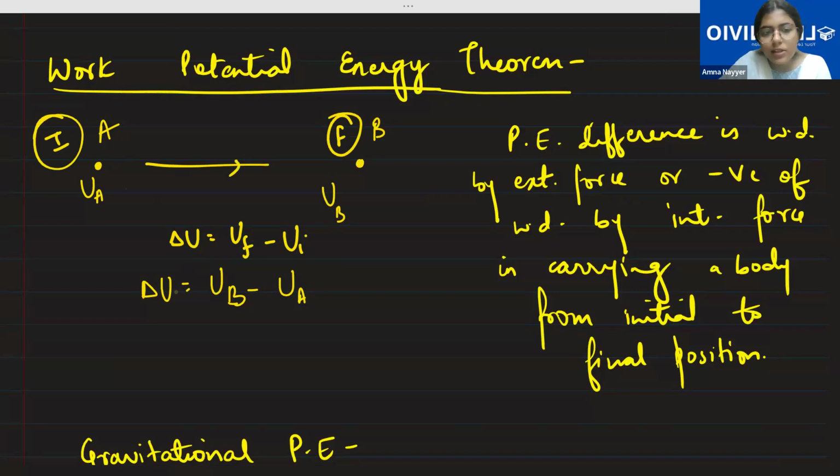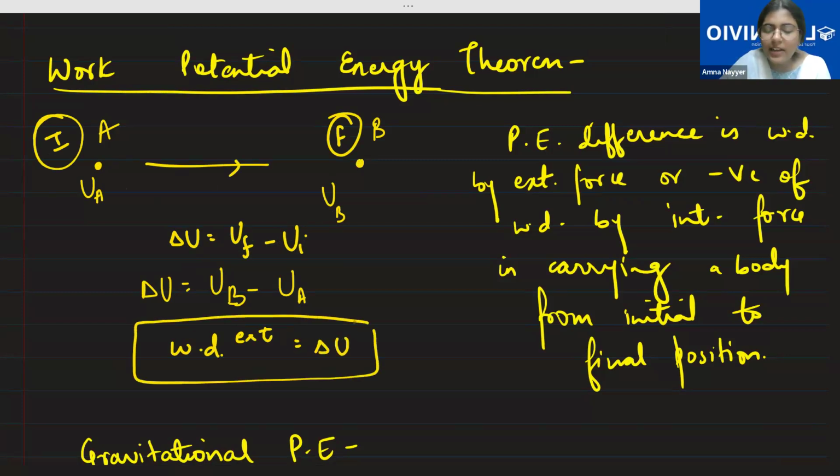Entire work done by the external force will be equal to this change in potential energy, like we had for kinetic energy. But work kinetic energy theorem will require your derivation. Here you don't need the derivation. Just remember it and we'll use it in the formula wherever needed. Treat it like a formula.